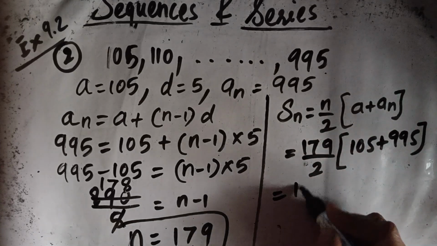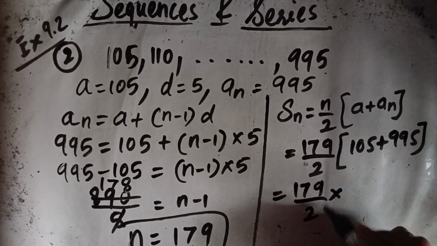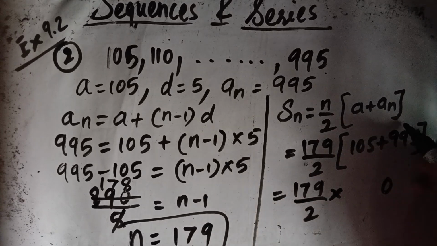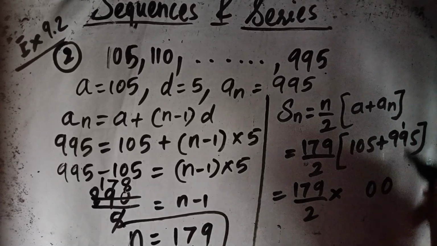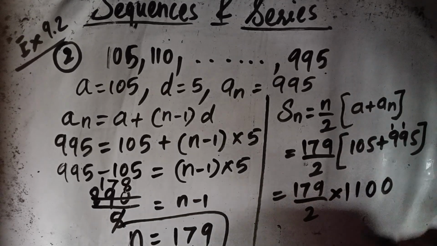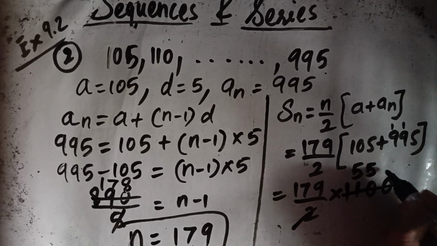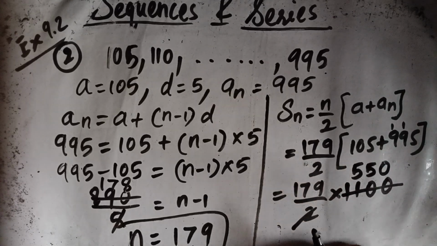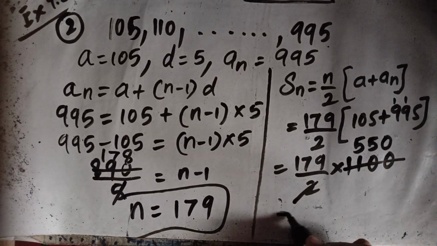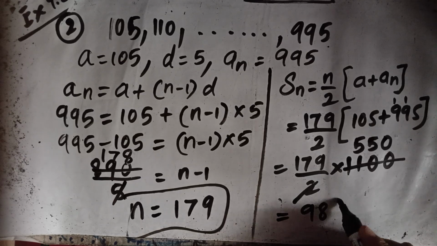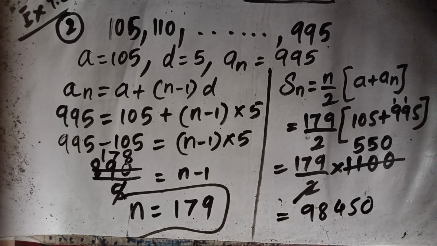So 2 5s are 10, 550 into 179, we will get something around 98450.